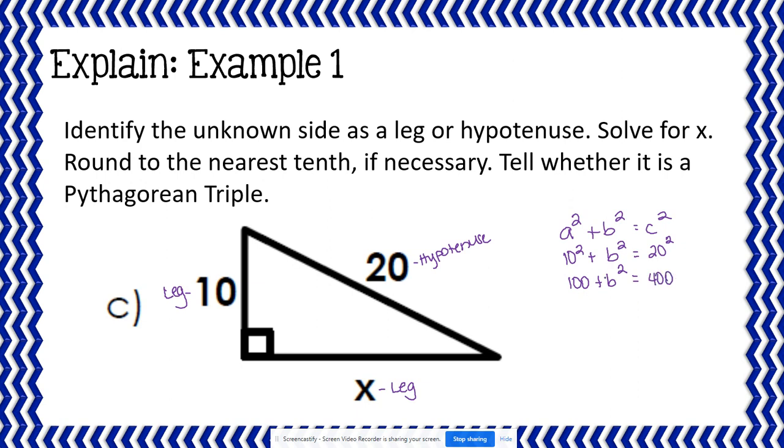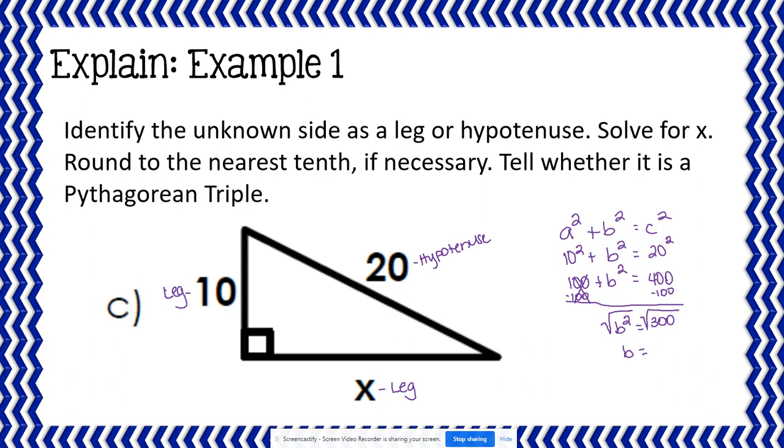We know that to solve this, we need b by itself. So this really is just an equation, and I need to get rid of my 100. So I'm going to subtract 100 from both sides of this equation. My 100s would cancel to leave me with b squared equals, and then 400 minus 100 gives me 300. Now to get b by itself, I just need to take the square root of both sides.